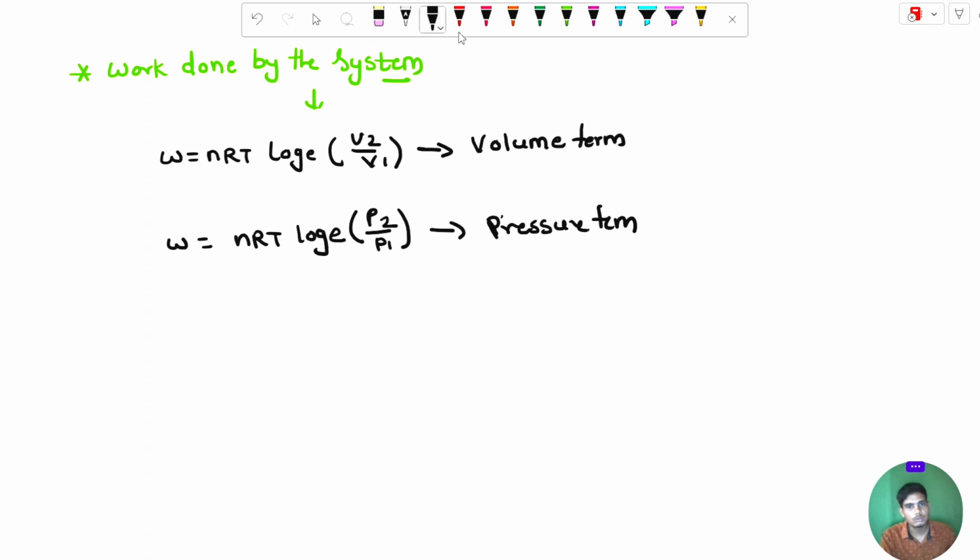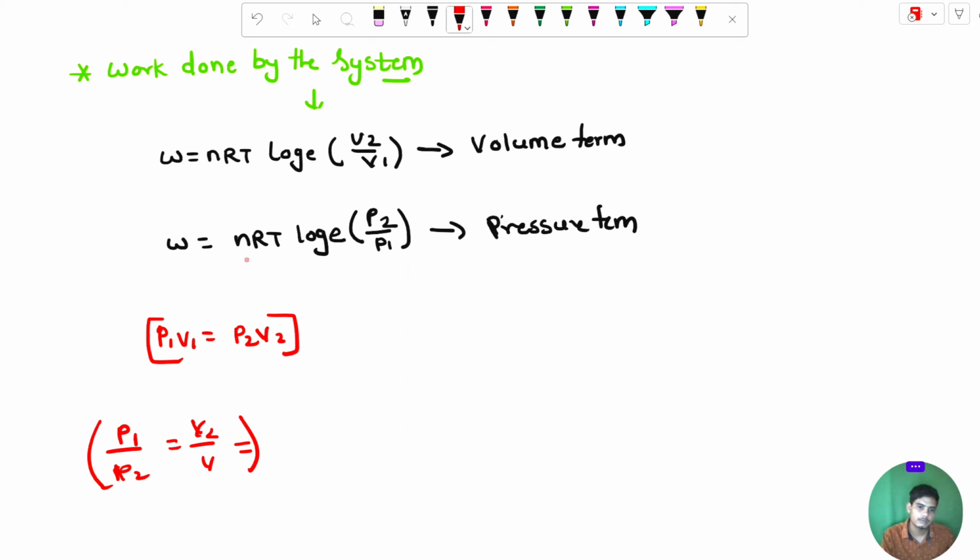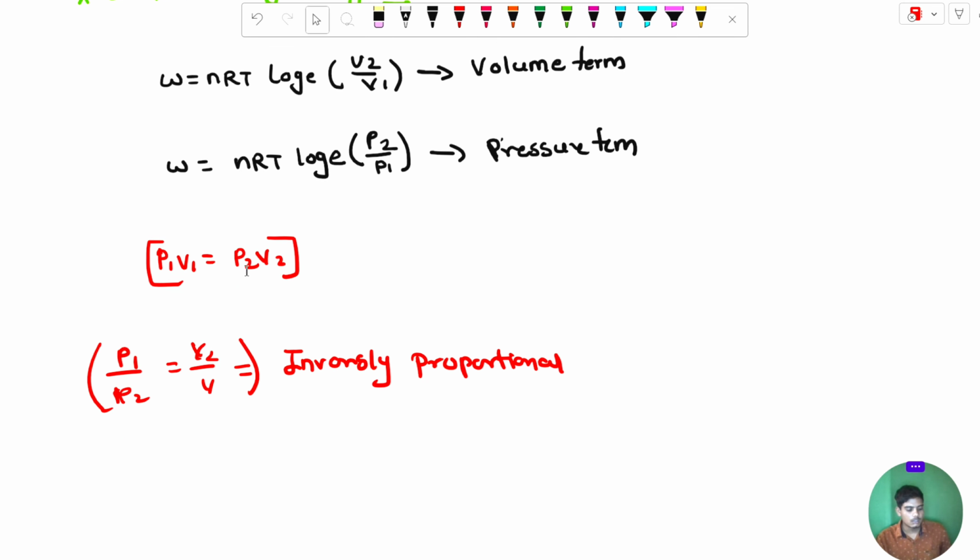Now P1 V1 is equal to P2 V2, and you can write it in place of nRT. P1 upon P2 is equal to V2 upon V1, and these are inversely proportional to each other.